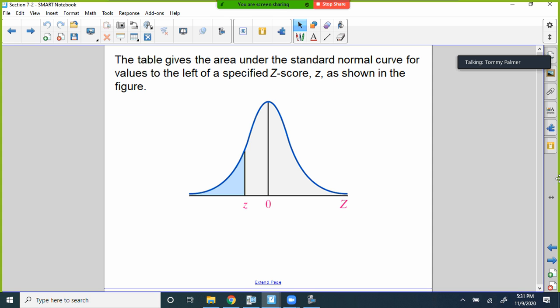So when your problem has a little box that says table, they're going to give you a z-score table, and you can pull it up and look at it. You'll have that on the problems, as well as when you take the test, if it is needed. There'll be a little thing like that, something to that effect. All right, so what they're giving you is that z-score.